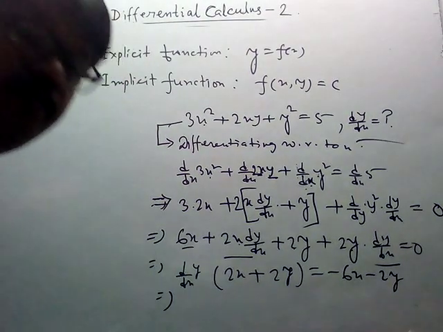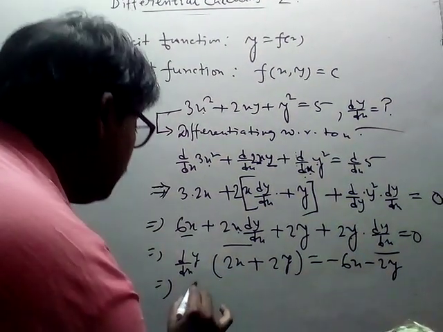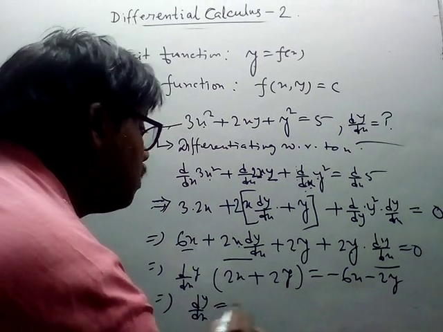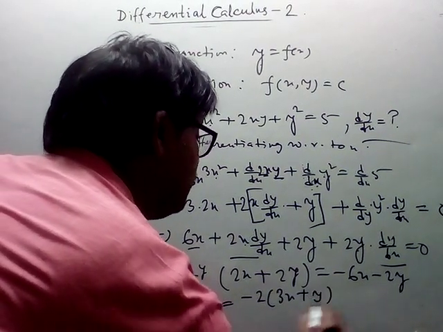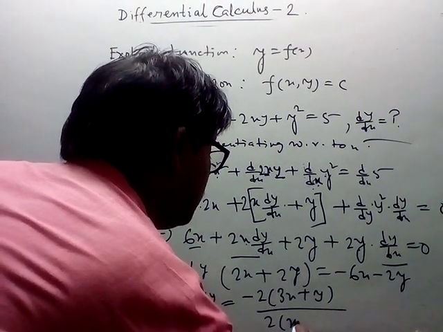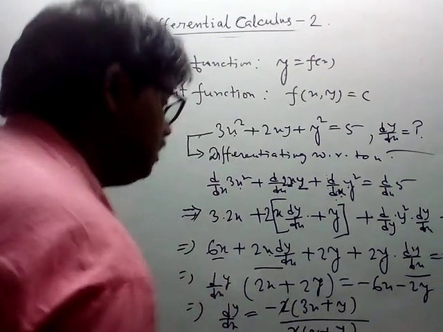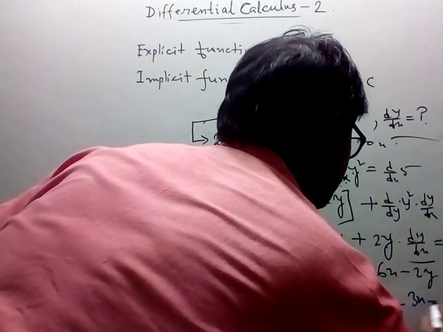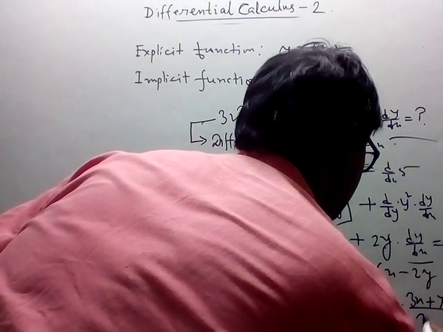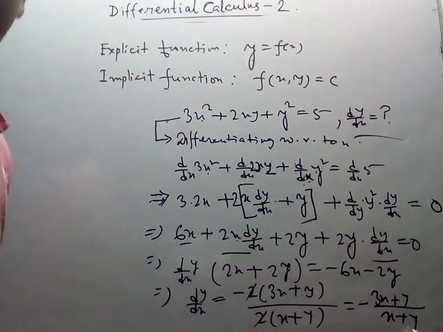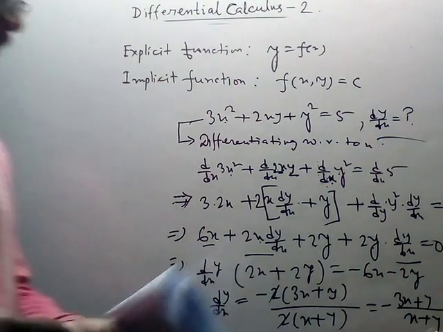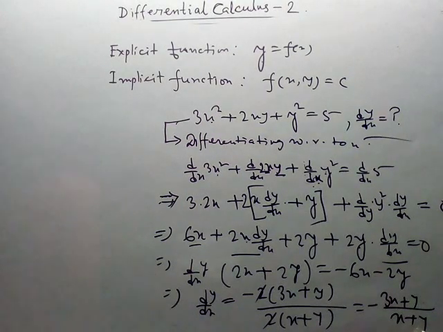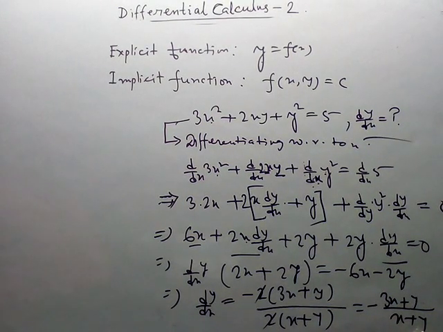This implies d/dx of y equals minus, take common 3x plus y by 2, take as common x plus y, the 2 cancels, minus (3x plus y) by (x plus y). This is the derivative of implicit functions.